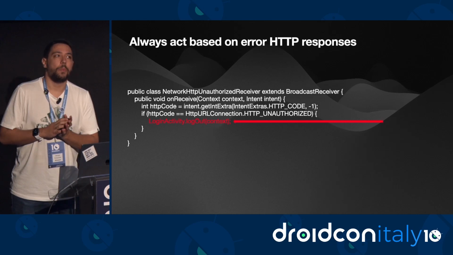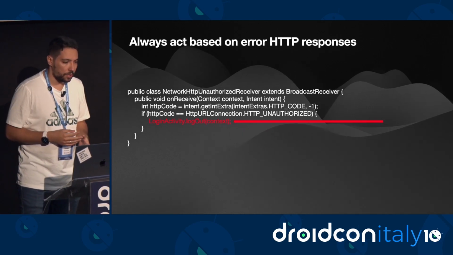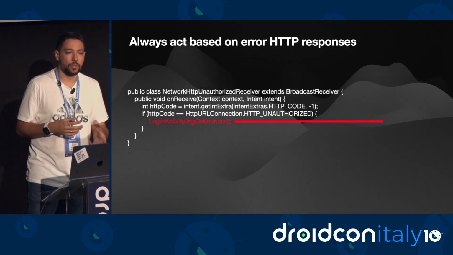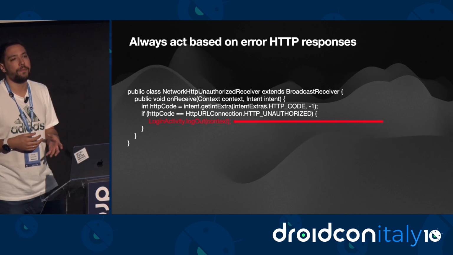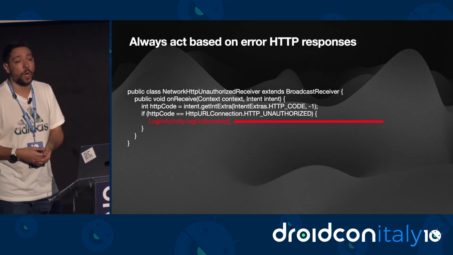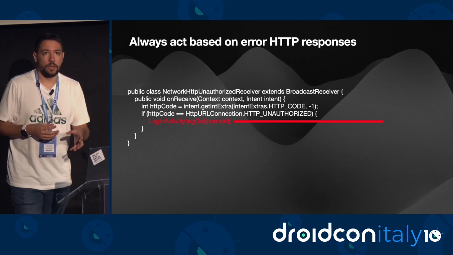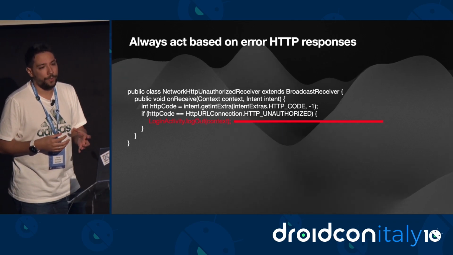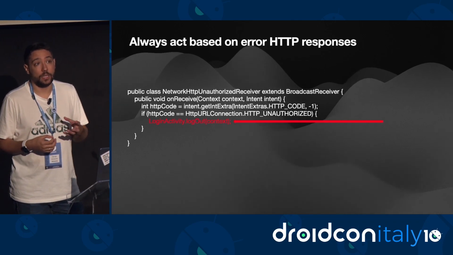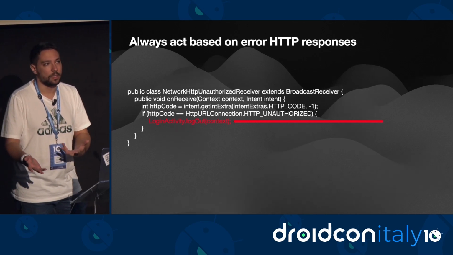Next up, let's talk about HTTP responses. So this is actually quite an important one. I know that I've been in that situation quite a lot of times. And what I want to discuss here is the whole idea of acting based on the HTTP responses. What do I mean by that?